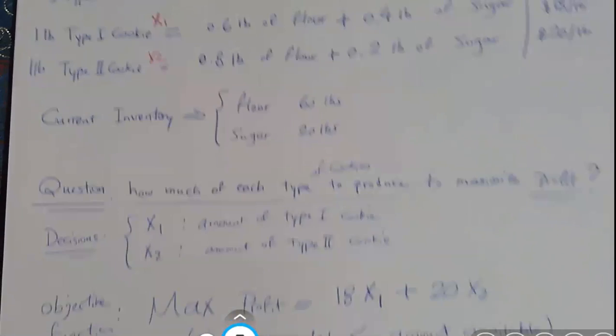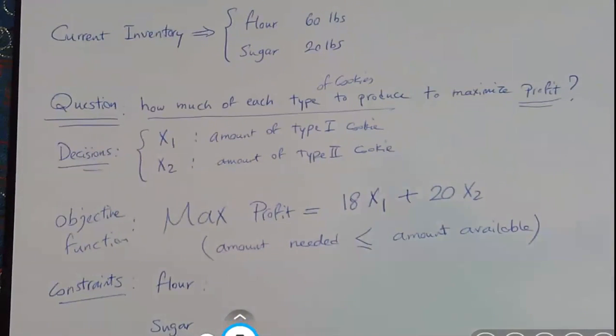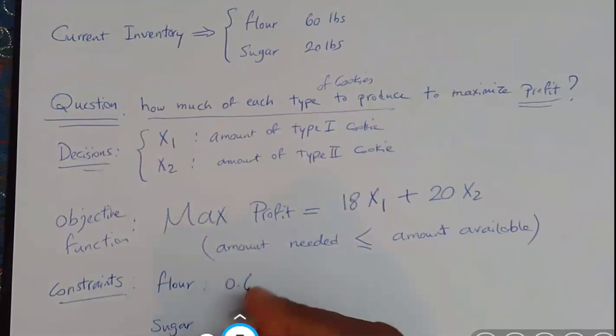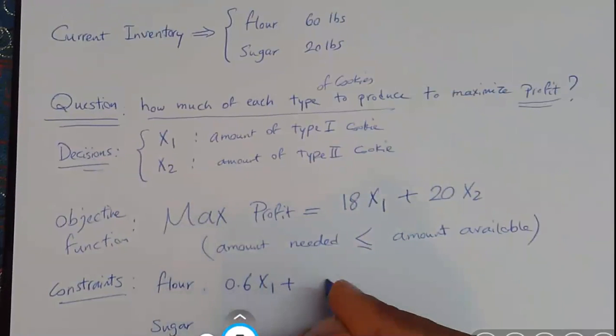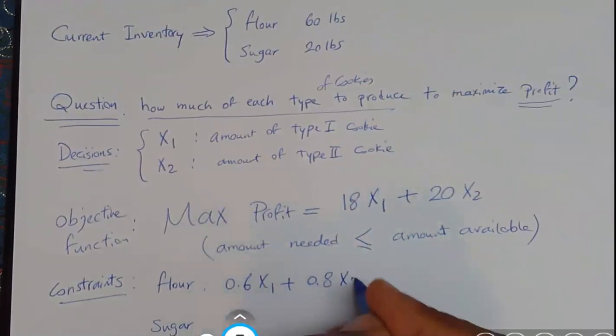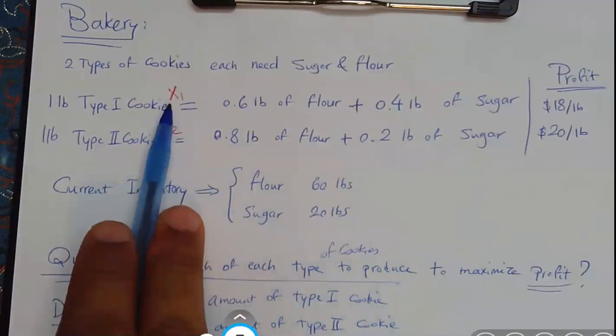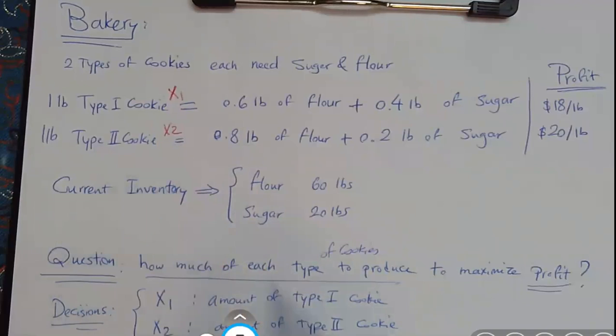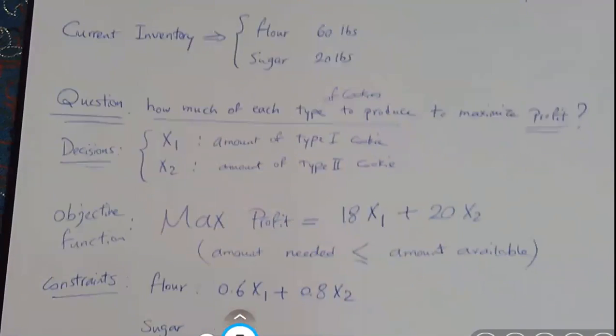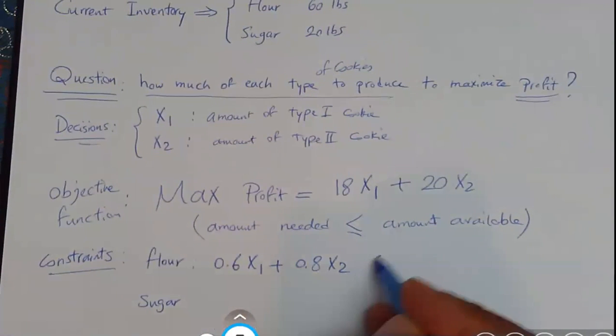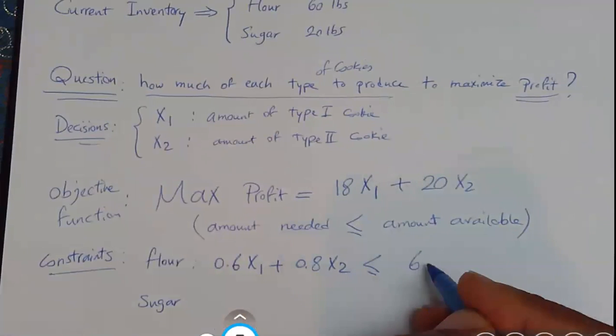So indeed, the amount that I need is going to be 0.6 times x1 plus 0.8 times x2. This is the total amount that I need, and this should be less than or equal to 60.